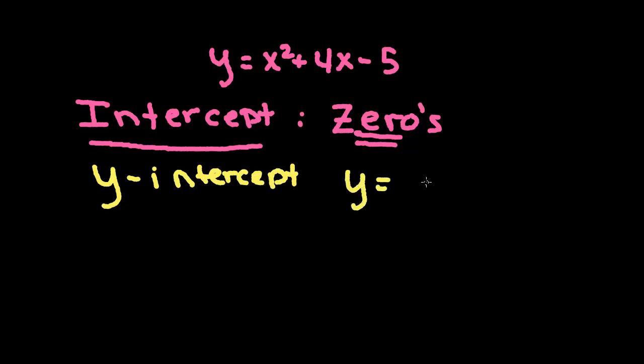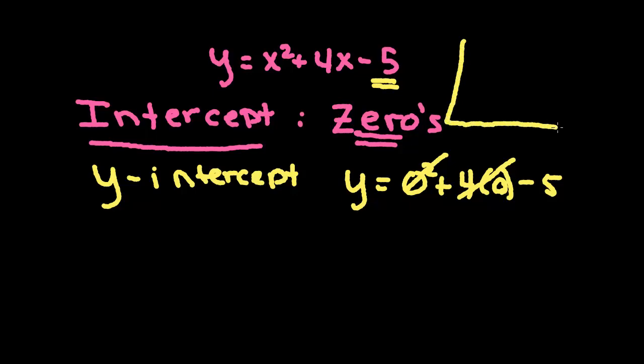So y is going to be 0 squared plus 4 times 0 minus 5. And these all cross off because they're all zeros. And essentially, it's going to just be the constant here, so negative 5. So our y-intercept is negative 5.